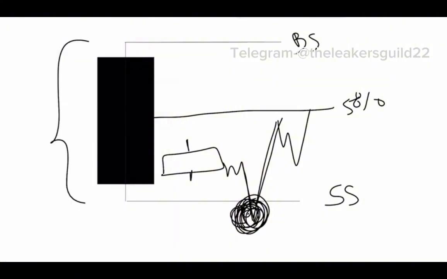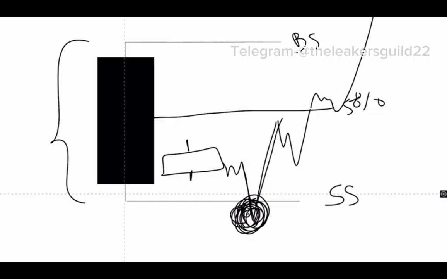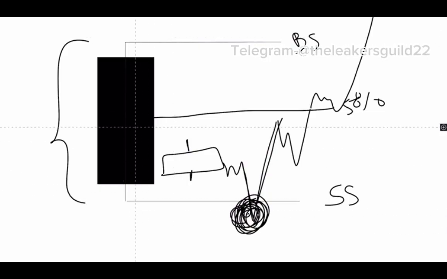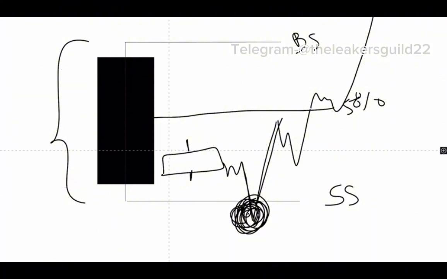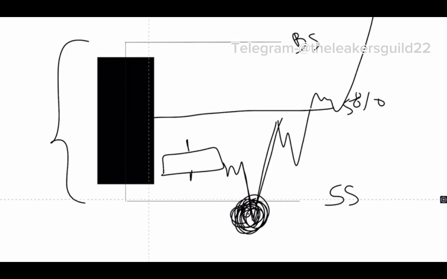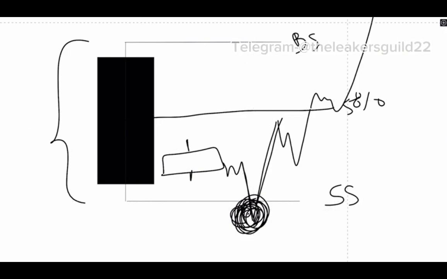All right, so CRT low, CRT high. It's a generation of liquidity, right? It's a range. You wait for one side to be taken, then it goes straight to the other side, right?